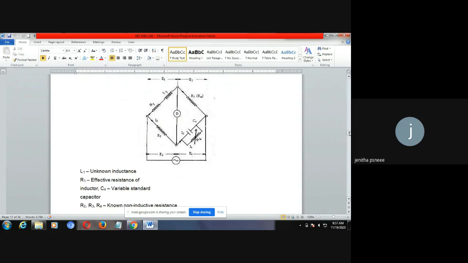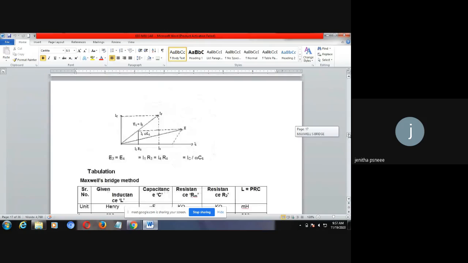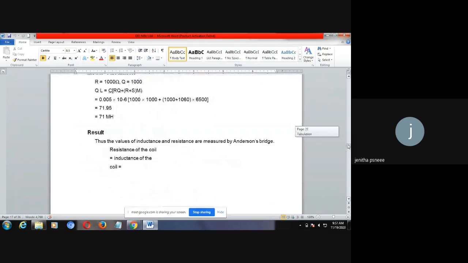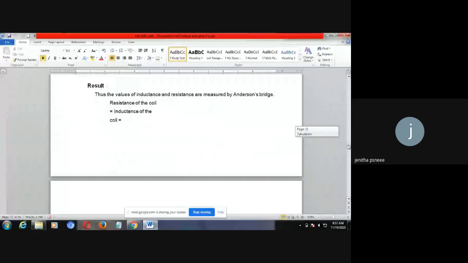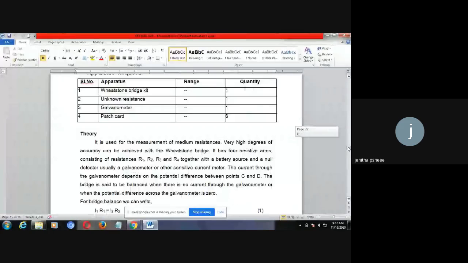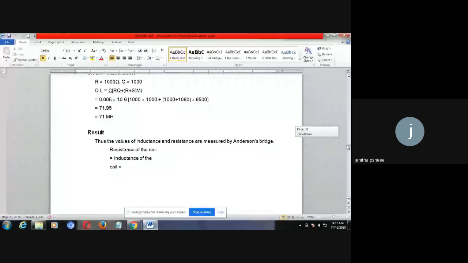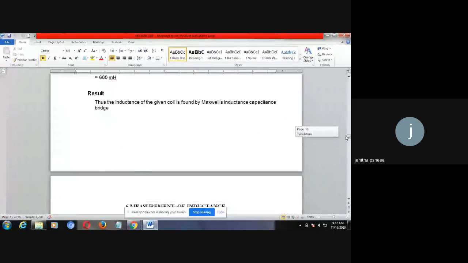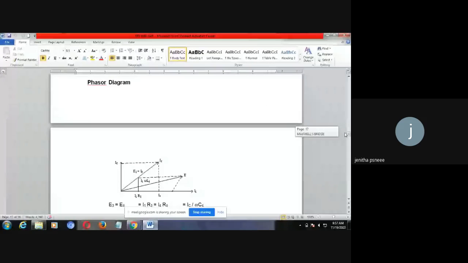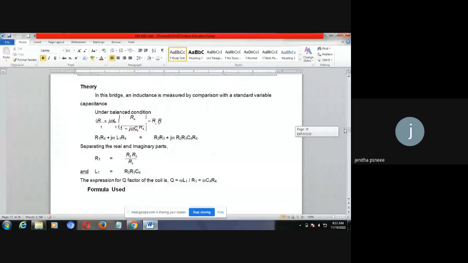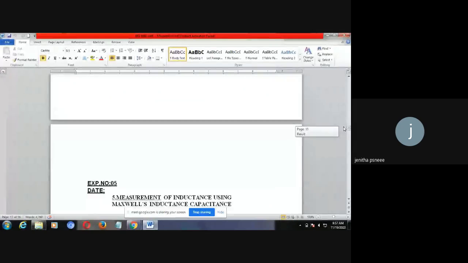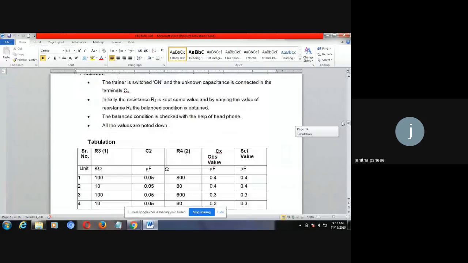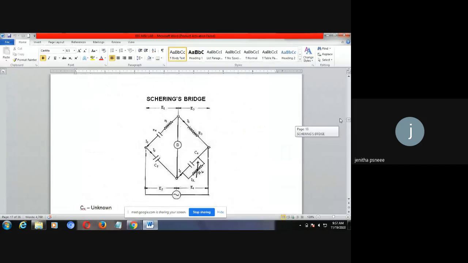Then what is Schering's bridge? I will show you the circuit of Schering's bridge also. So this is the bridge.